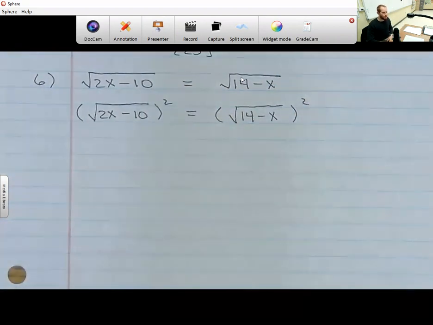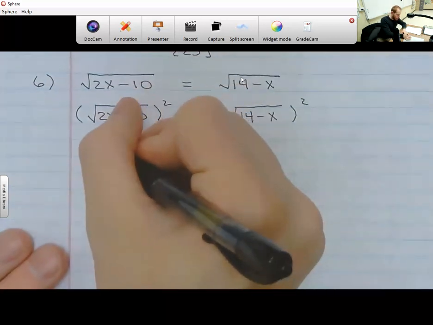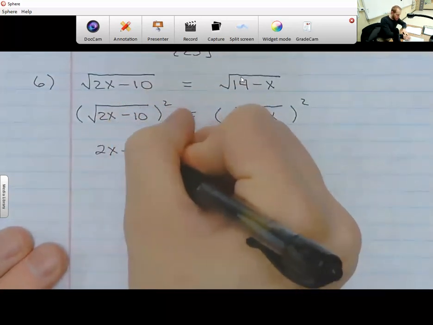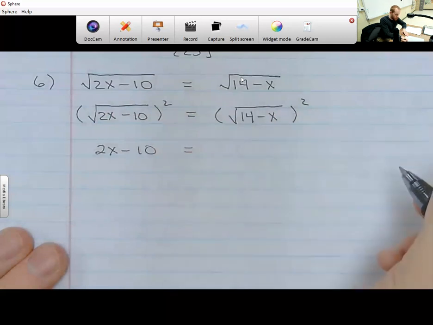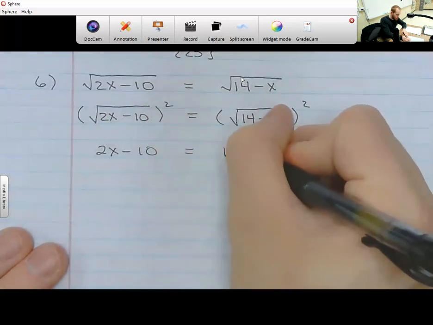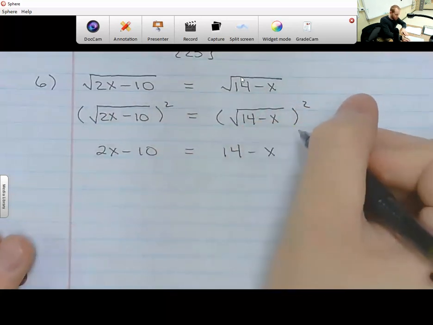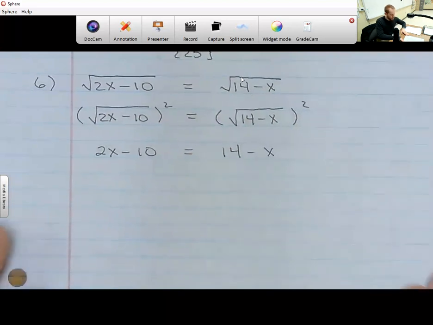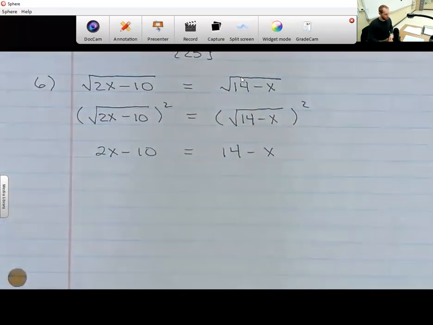Whatever's inside the radical, we keep the same. We bring it out. So the 2x minus 10 is going to come out, and it's going to be equal to 14 minus x. So far, so good. Nothing really challenging yet.